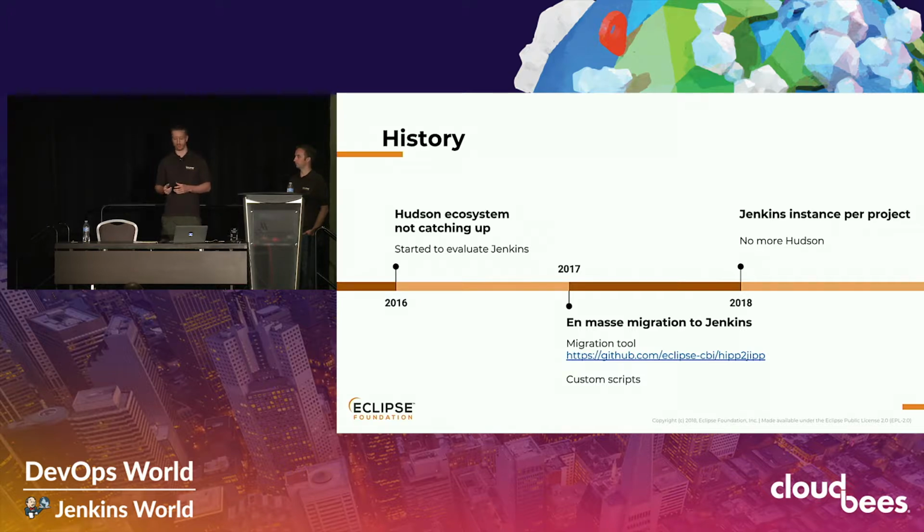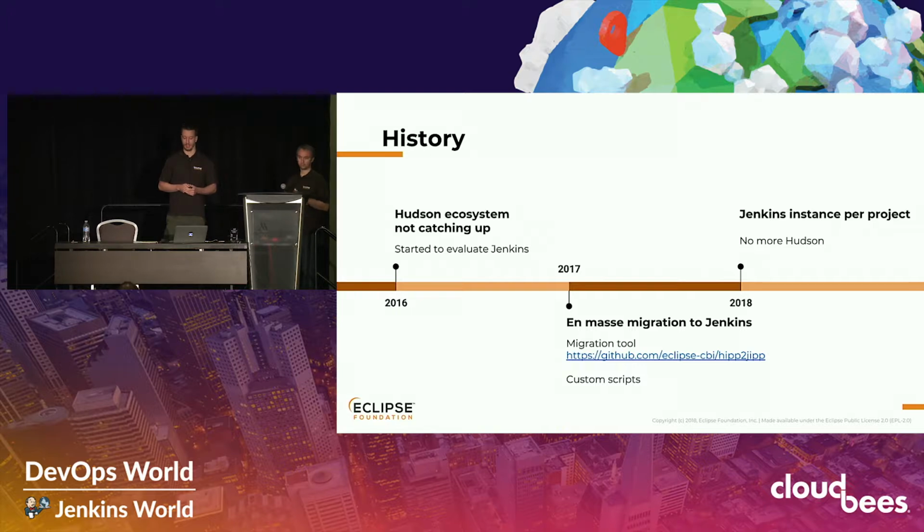Also, some custom scripts for our infrastructure were used. This kicked off in late 2017, and we finished the process early this year. So now we don't have the Hudson instance per project initiative, but we call it Jenkins instance per project, JIPs. So there are no more Hudson instances since early this year.